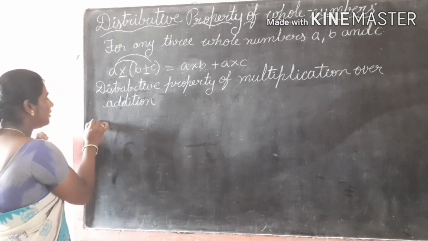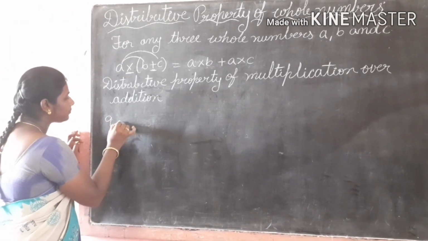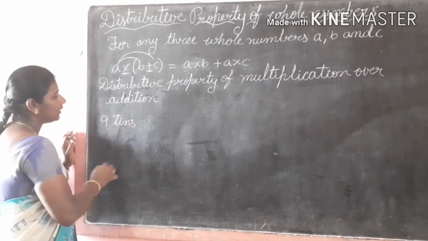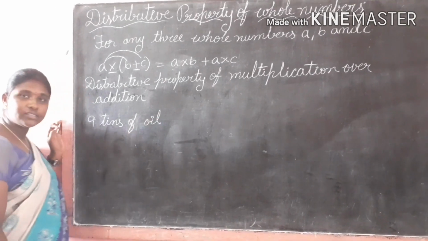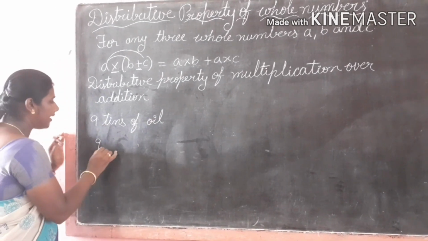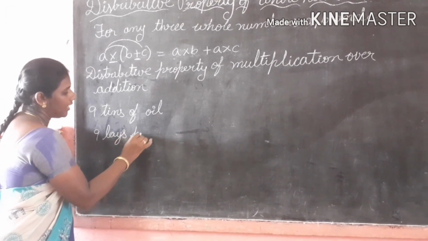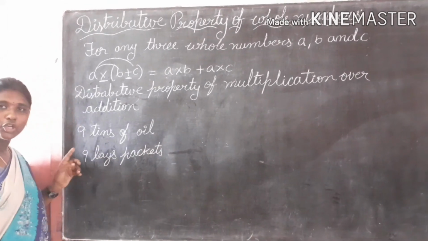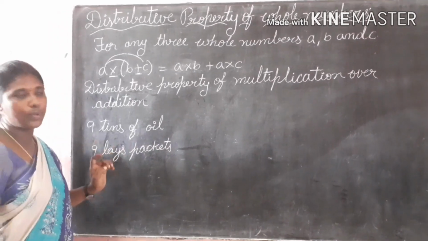For example, we went to a shop. We buy 9 tins of oil and 9 Lay's packets.